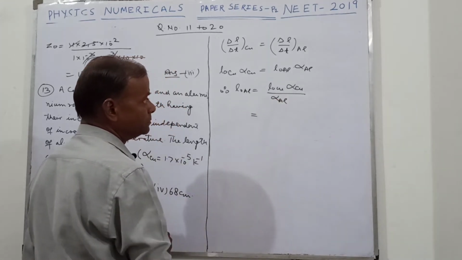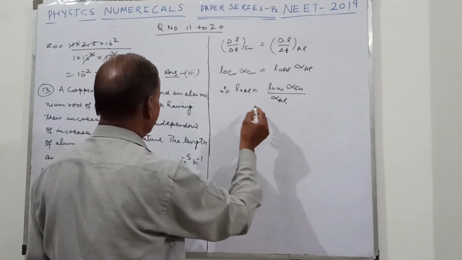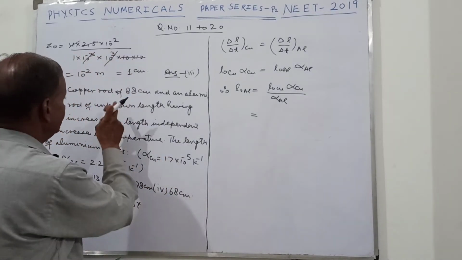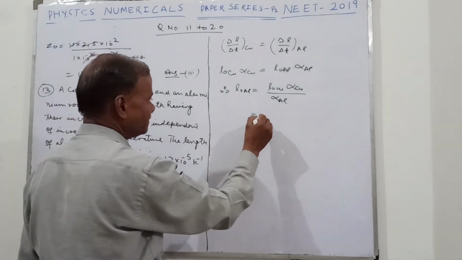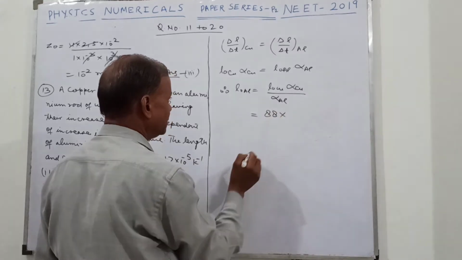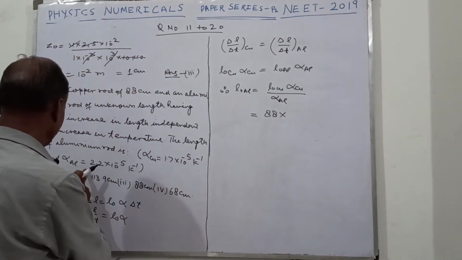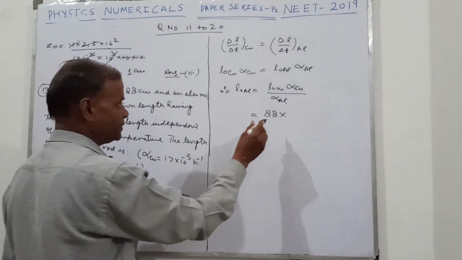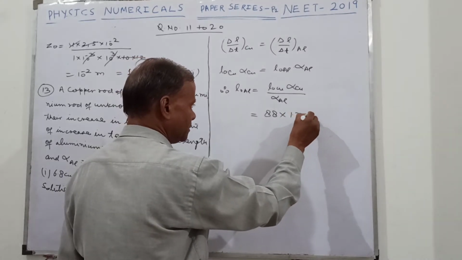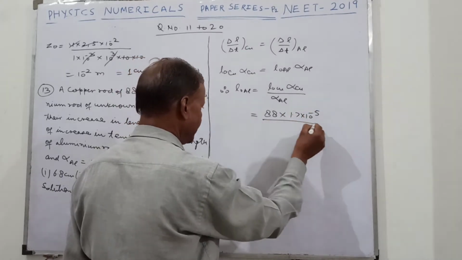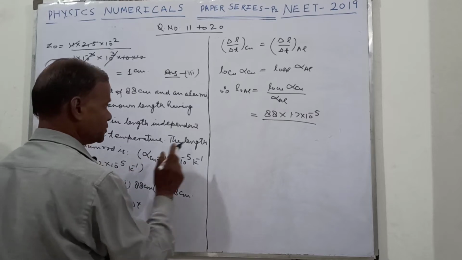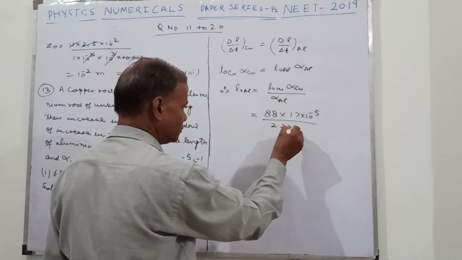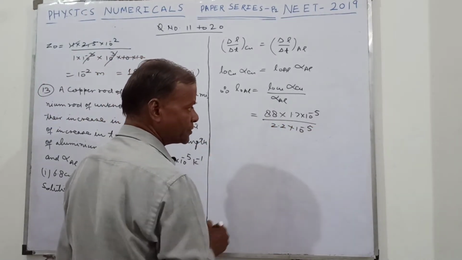So L naught copper is given to you, this is 88 centimeter. Alpha copper is 1.7 into 10 raised to the power minus 5 upon 2.2 into 10 raised to the power minus 5.